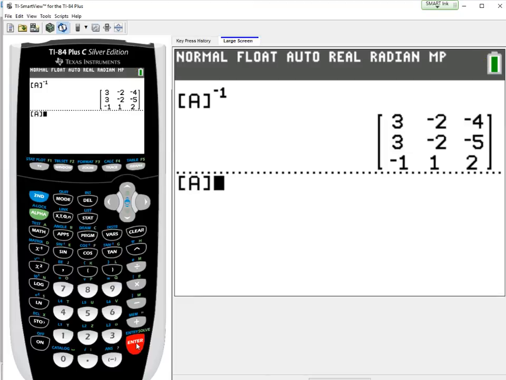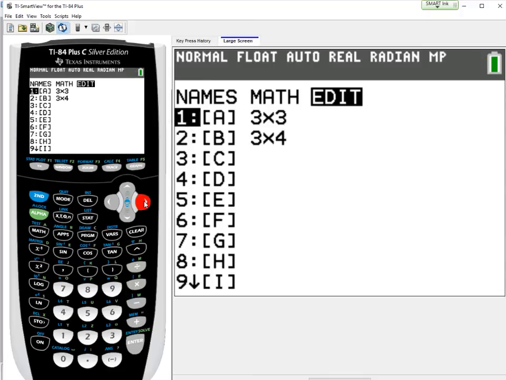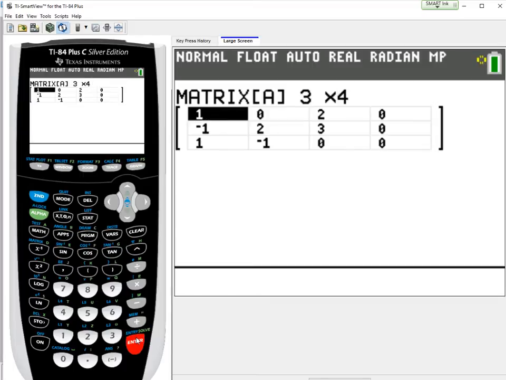So now I need it to be a 3x4 again. Second matrix, over to edit, my bad. And I want it to be a 3x4. So 3, enter, 4, enter.